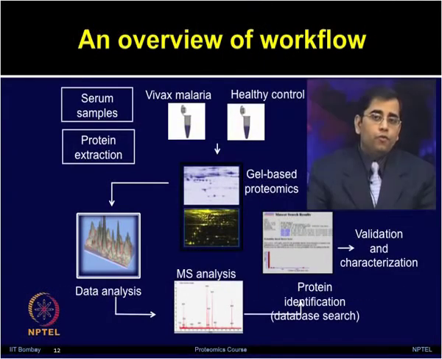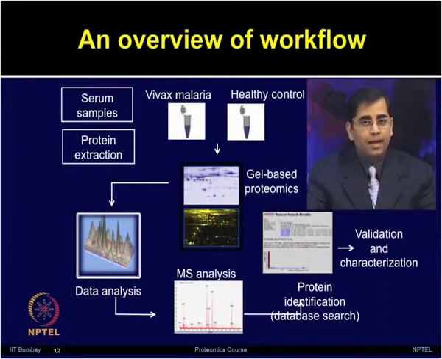This slide gives an overview of the workflow which we followed to investigate the host response against Plasmodium vivax in human serum. Serum samples were obtained, proteins were extracted, and the protein samples from healthy controls and vivax patients were compared by applying gel-based proteomics, including 2-dimensional electrophoresis and difference in gel electrophoresis.